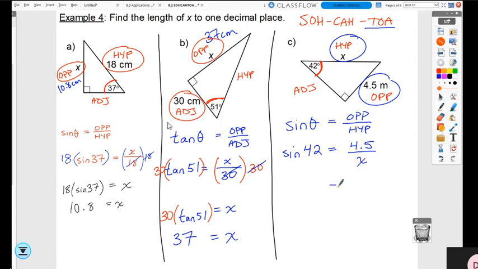So on the right-hand side, we are going to flip this fraction. So it's going to become x over 4.5 because that's what we want. Now, what happens to the sine 42? It sounds a little bit strange. But remember, anything is over 1, right? Everything. Just pretend there's an over 1 here, just for a second. Now, let's flip the other side. We will have 1 over sine 42.